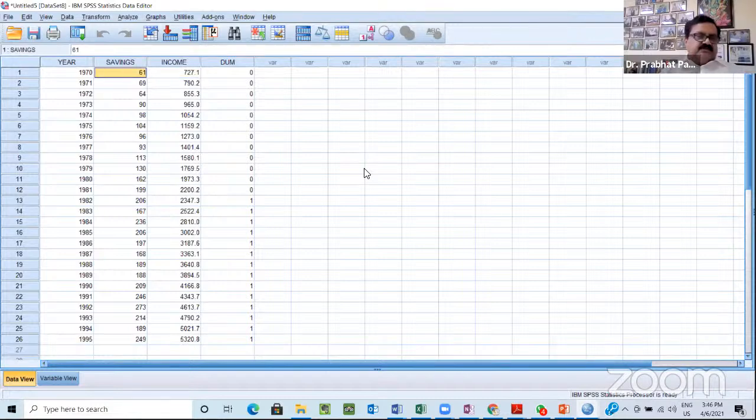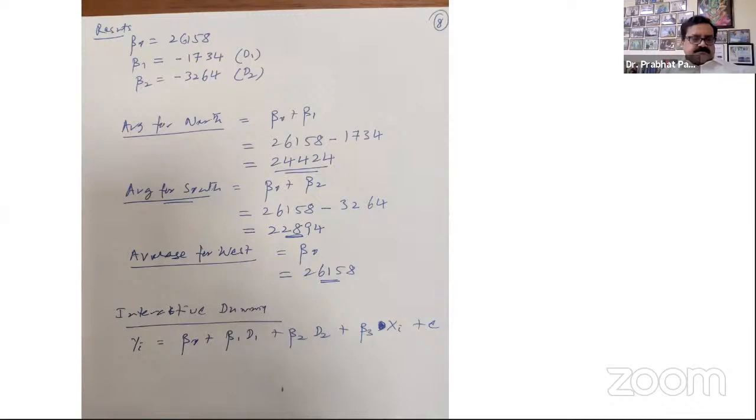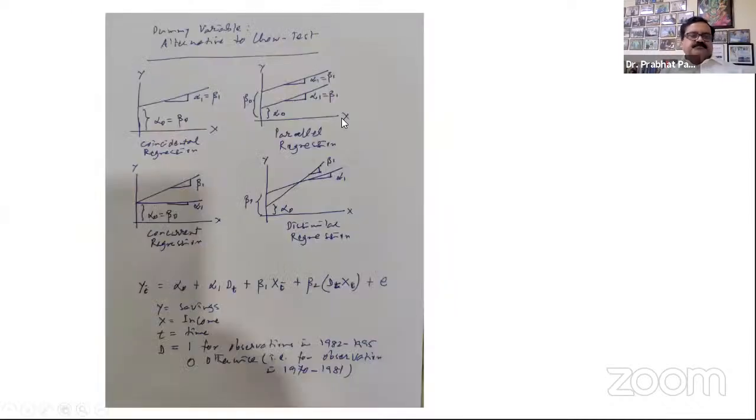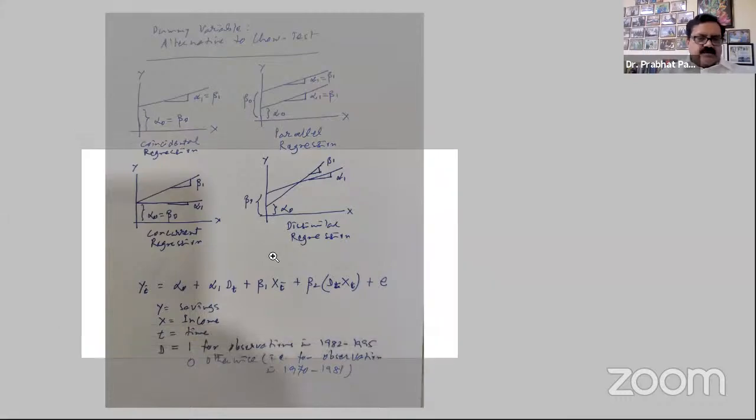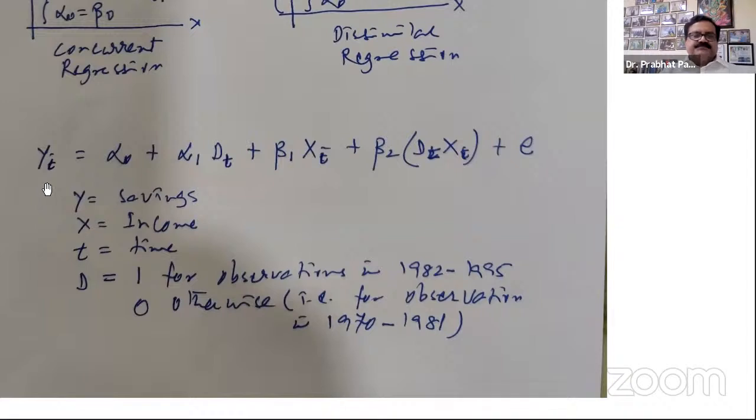Now here, the problem at hand is that, let me just go back to this slide. Here the equation that we are looking for is this. So y is equal to alpha 0 plus alpha 1 dt. That means one dummy we have created over here.